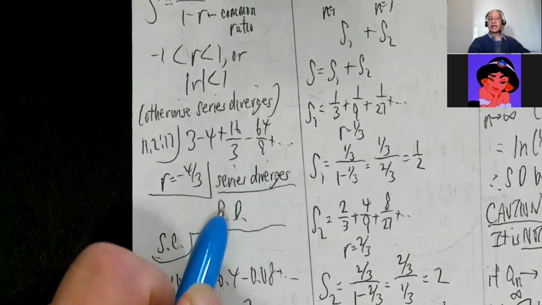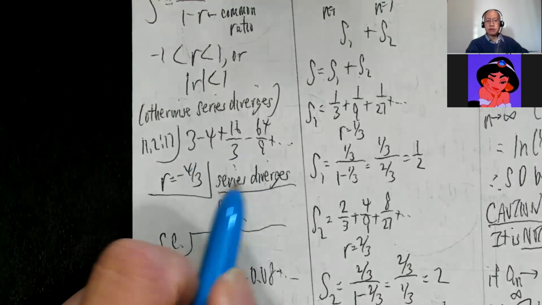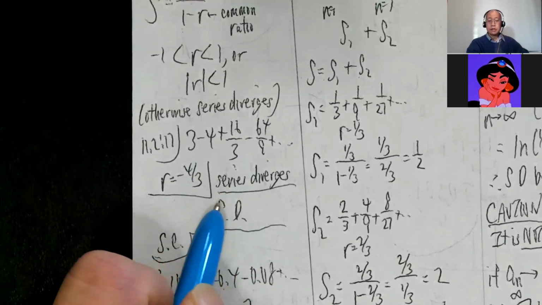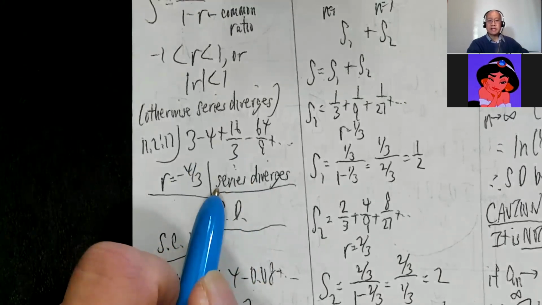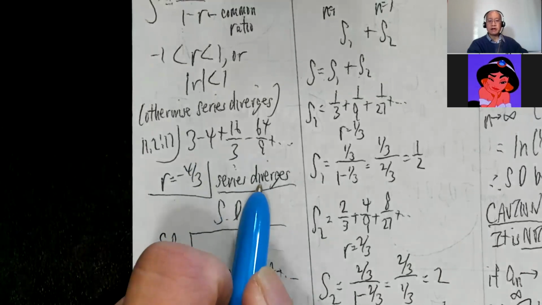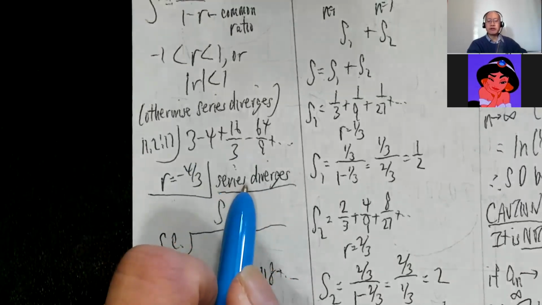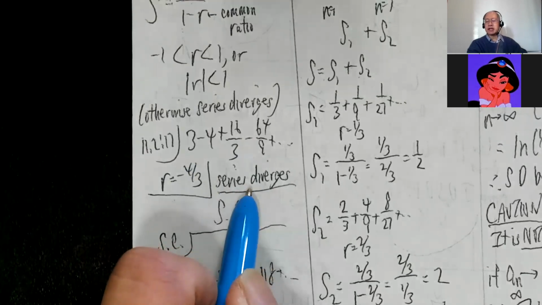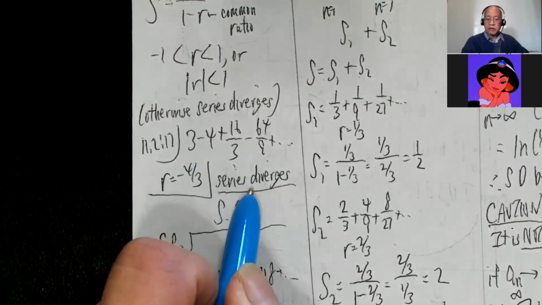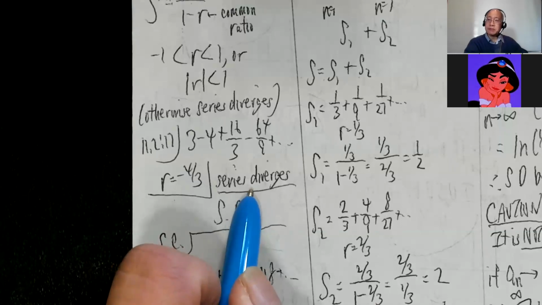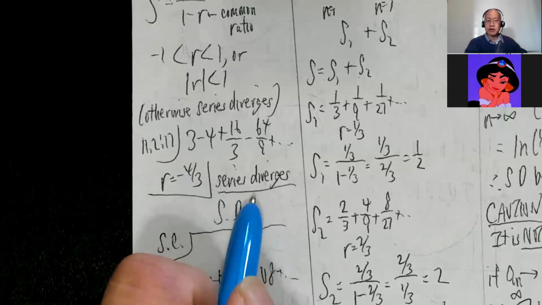Our abbreviation is SD for series diverges. Rather than writing the whole thing out, series diverges, and series converges. You might think that's being lazy. You can probably write it once, but when you have to write it many times, like on the homework, over and over again, believe me, you want to have abbreviations.